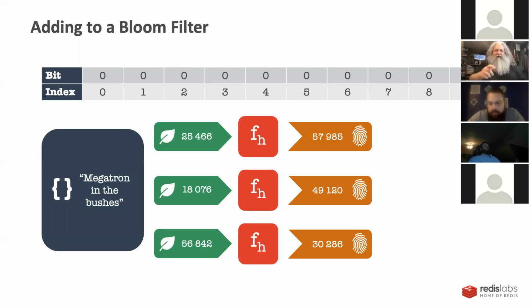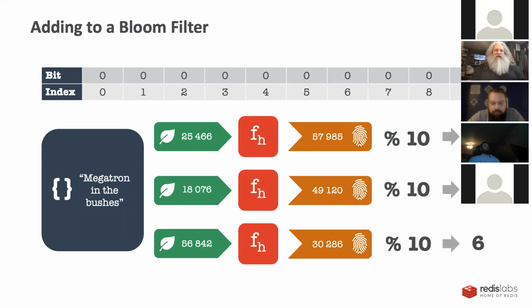I also picked 16-bit numbers just because they were shorter and easier to work with. And so we get 3 unique numbers, and we modulus them with 10. In this case, we're using 10 because our Bloom filter is 10 entries wide. And again, that's so that it would fit on the screen.